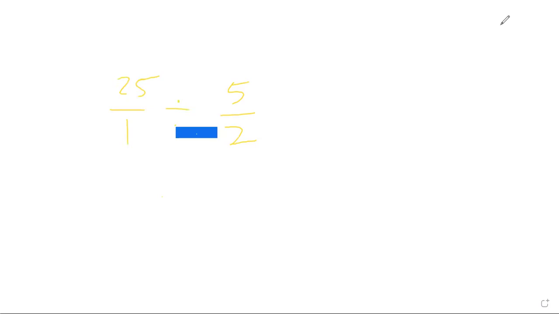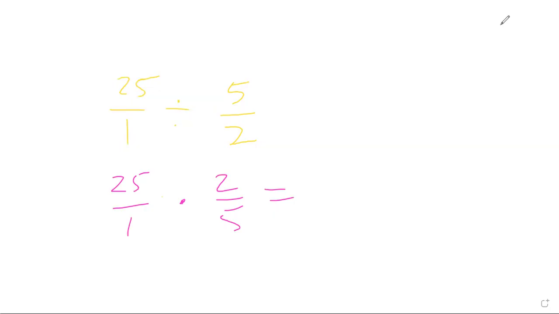So this should give us 25 over 1 times 2 over 5, because we keep, change, flip. Keep, change, flip. So if you want to, you could just multiply across, or you could work on it before you multiply across.